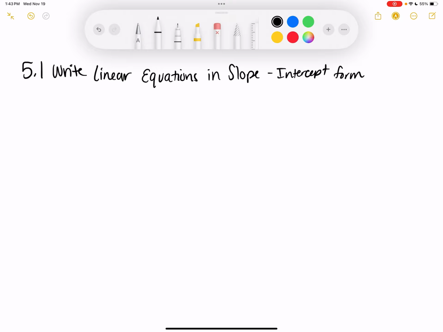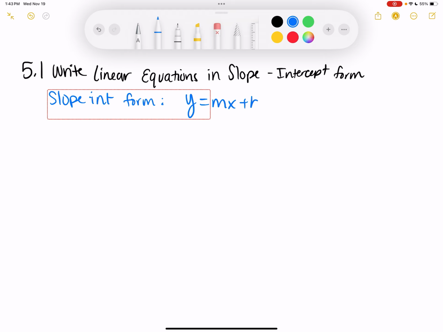All right, so slope-intercept form, we talked about this in the last chapter, but slope-intercept form is y equals mx plus b, or as Drew likes to write every time I ask you to write the equation of slope, you've written that.